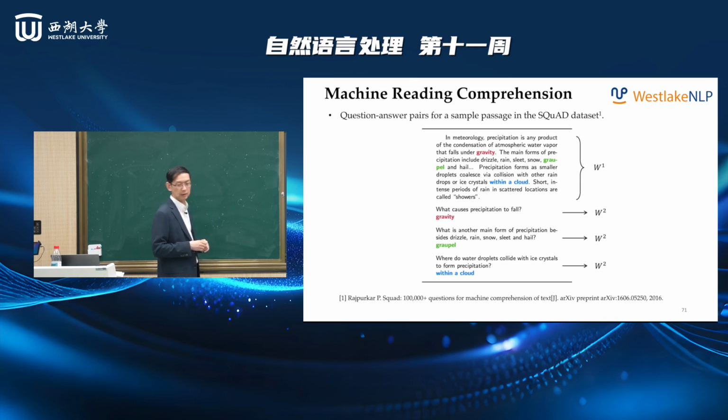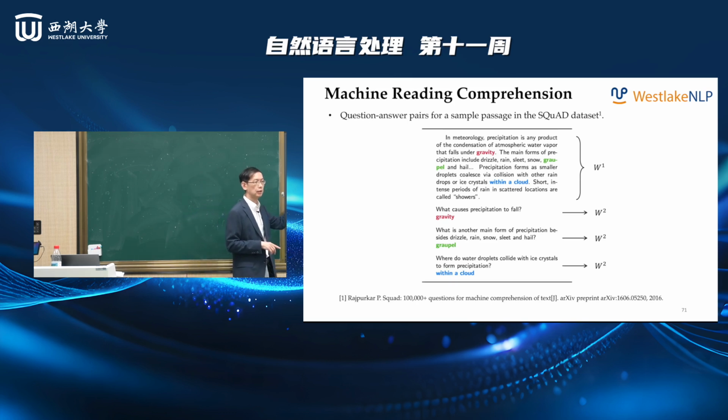I had this long passage, and there are many, many facts. I denote this passage as W1, the first text. And then I'm given different questions. I can denote the first question as W2.